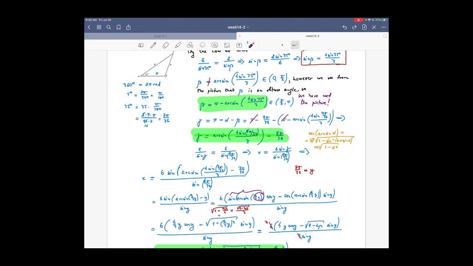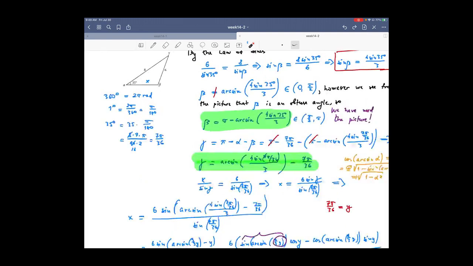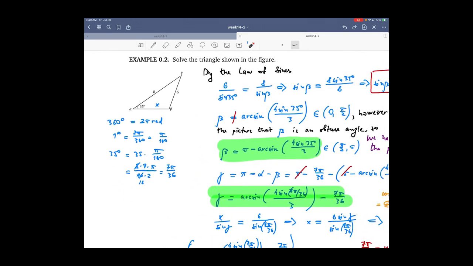Although, again, I should emphasize that there are possibly 2 triangles with an angle of 35 degrees, adjacent side 8 and opposite side 6. One triangle is this one. The other triangle is this one. If this side is 6, right?